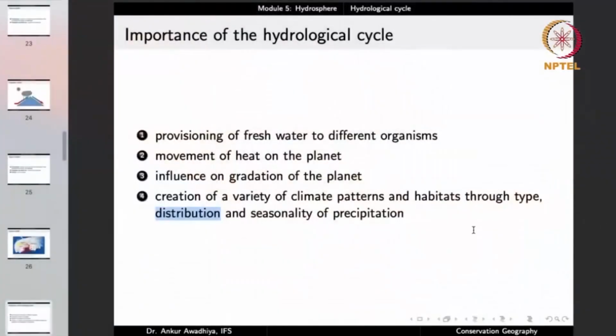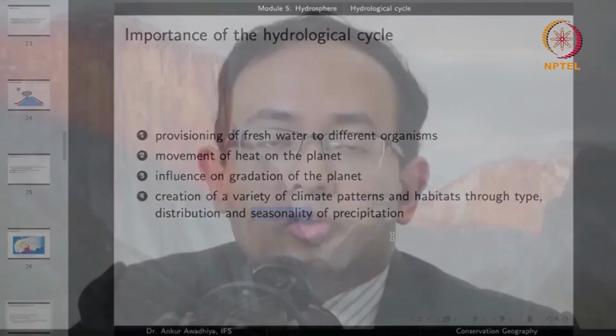And so the distribution of rainfall means that certain areas become equatorial rainforests and certain other areas become deserts, which are very different habitats. And seasonality of precipitation. In certain areas, you have lots of rainfall in a very short period of time, which results in a flood-like situation. In other areas, the rainfall is distributed over a very large number of months. So the seasonality is different, and in those areas, you do not get that much flooding.